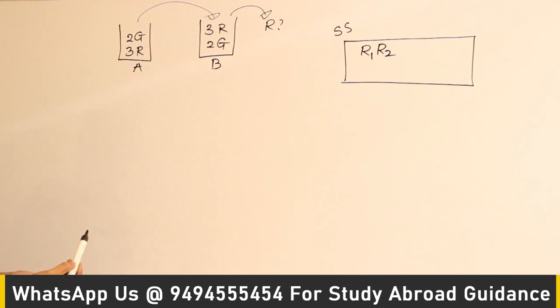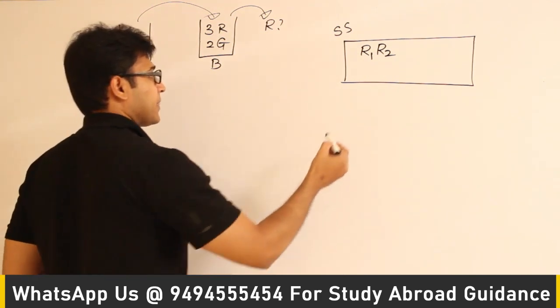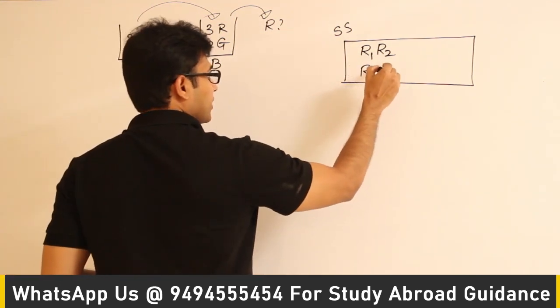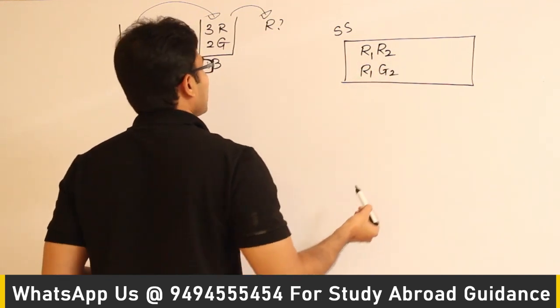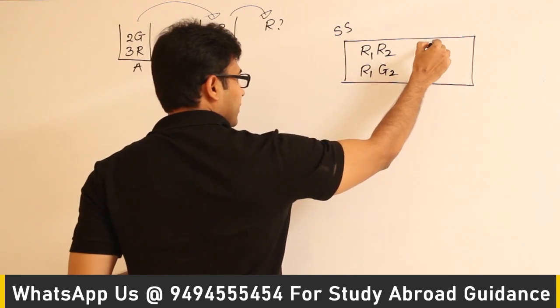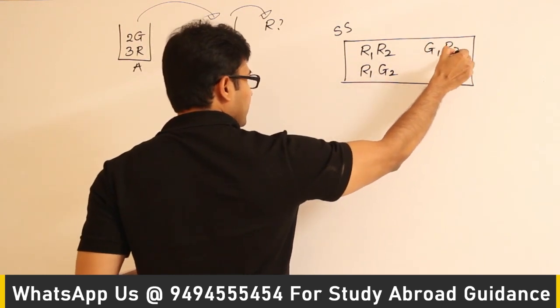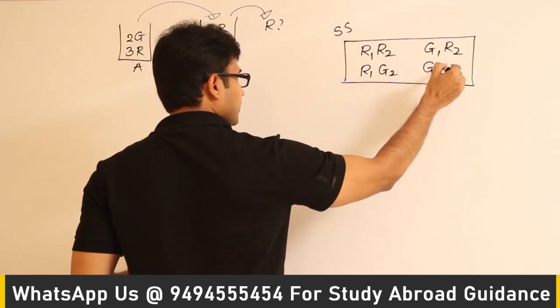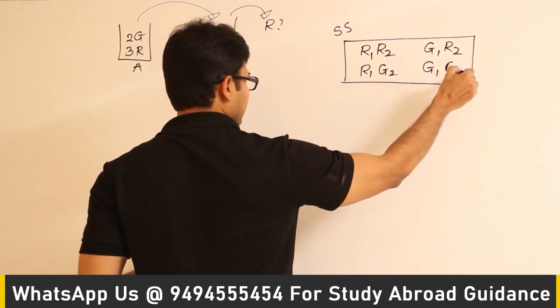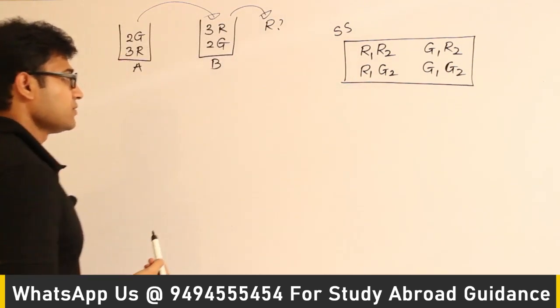That case is perfectly possible. Similarly, first ball can be red and second ball can be green, right? Or first ball can be green and second ball can be red, or first ball can be green and second ball can be green. These are the four possibilities we have.